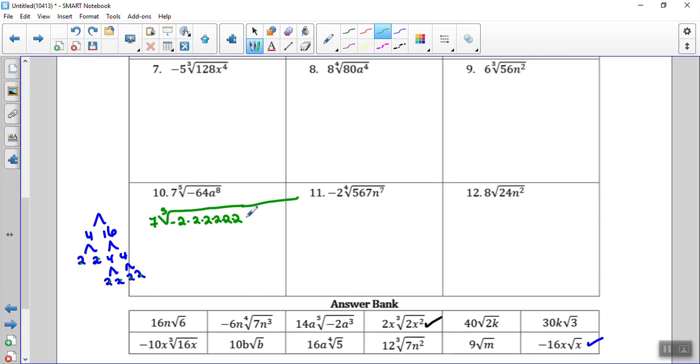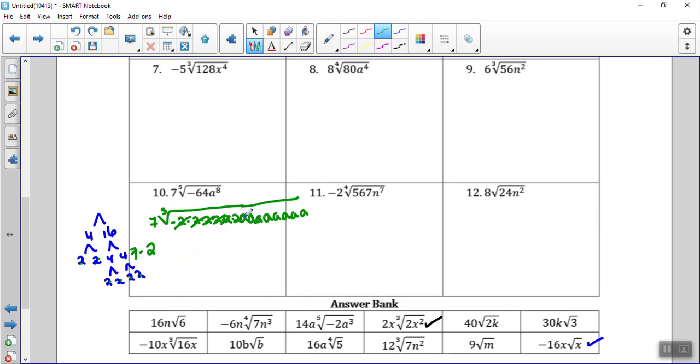All right, so for every 5, one of them comes out. Actually, let me just write it out. 1, 2, 3, 4, 5, 6, 7, 8. So for every 5, one of them comes out because this is a fifth root. So 1, 2, 3, 4, 5. For every 5, one comes out. Okay, let me bring down the 7 from up here.